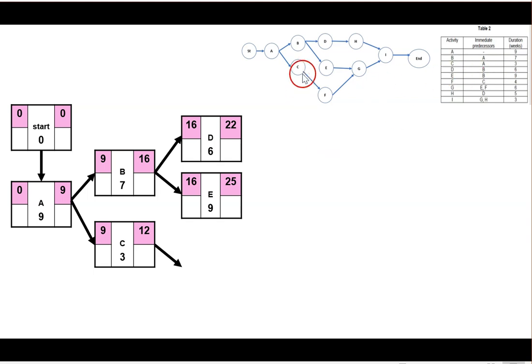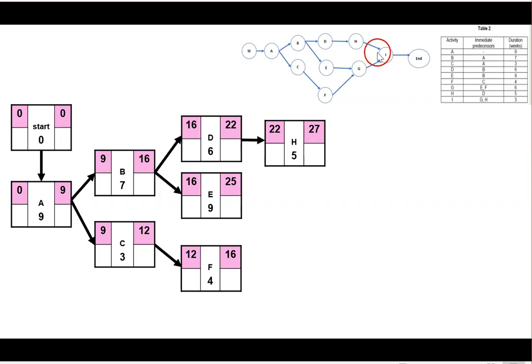And then C is going to F. F is 4, so bring 12 here, 12 plus 4 is 16. Then D going to H. H is 5, so bring 22 here, 22 plus 5 is 27.